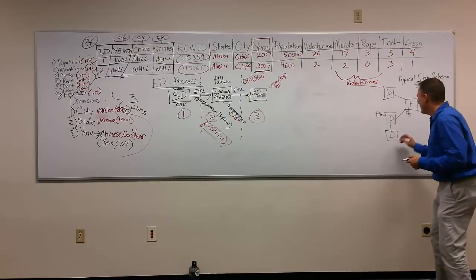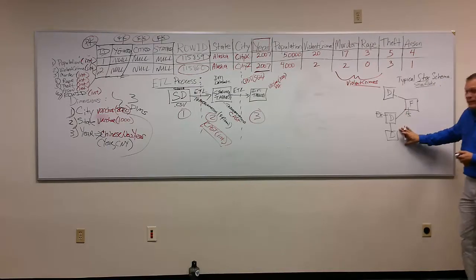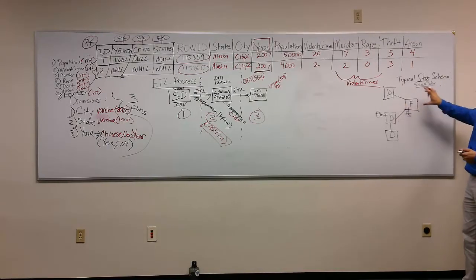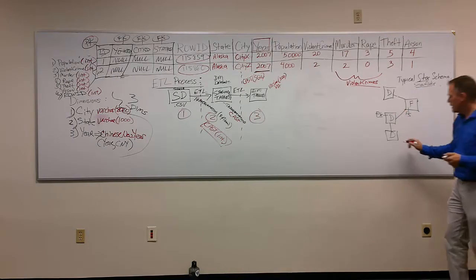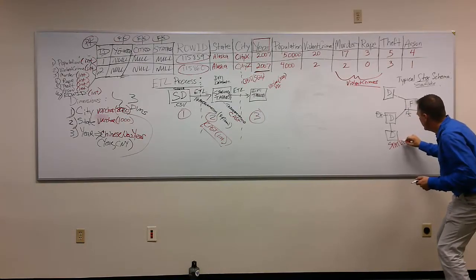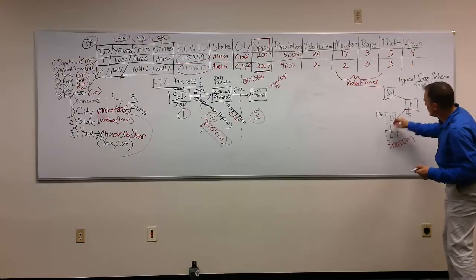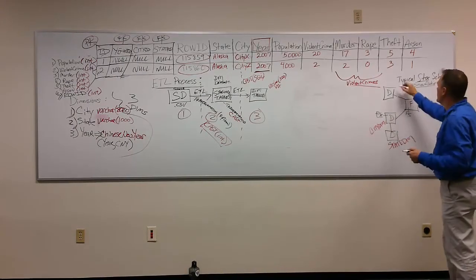This right here is because we have one to many. If we knew the city, we could find out the state. But if we know the state, we don't know the city, do we? So this is going to be the state dim, and this is going to be the city dim. We'll make this the year.